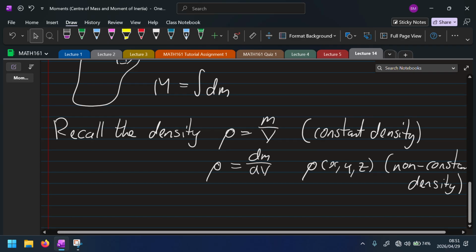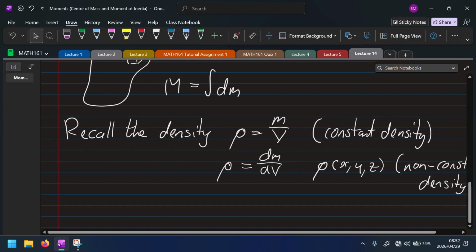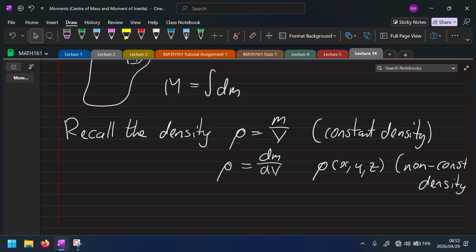Have you worked with the inhomogeneous densities in physics? No. Okay, that's fine. We'll go through it. Okay, so here this is an inhomogeneous density. It changes as we move around the shape. We're going to rewrite that a little bit. So that dv, we're going to take over to the other side. So we're going to get dm is rho dv.